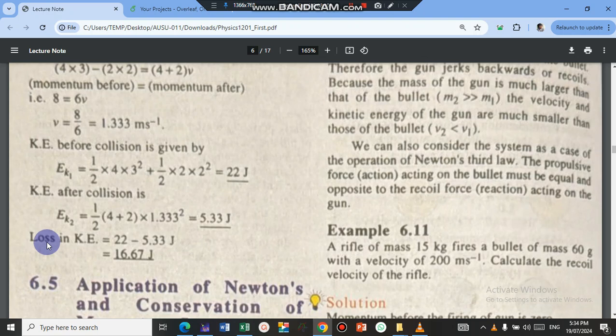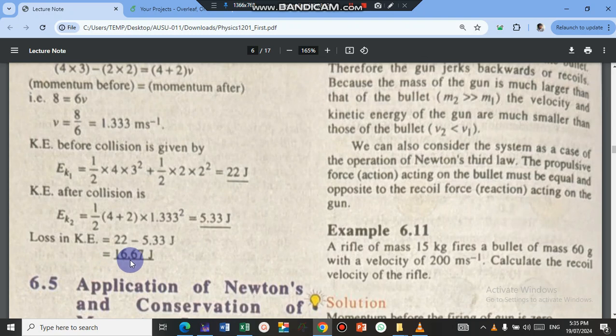Again, if you want to get the loss in kinetic energy, you say kinetic energy before collision, 22 joules, minus kinetic energy after collision, 5.33 joules. You see, initially you have 22 joules. After the collision, it dropped to 5.33.